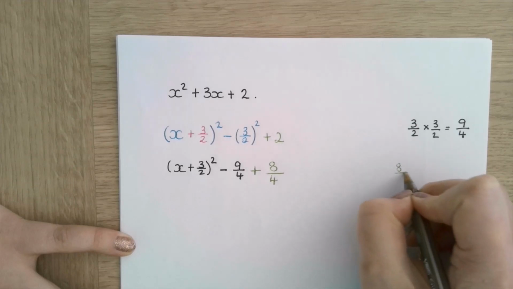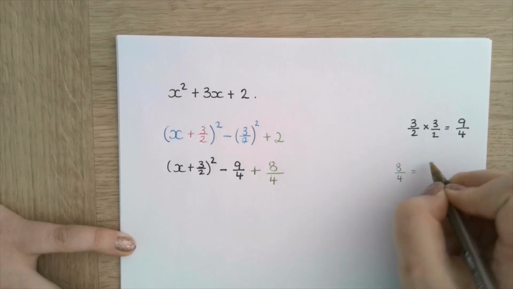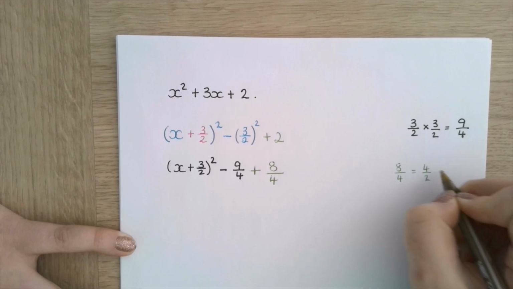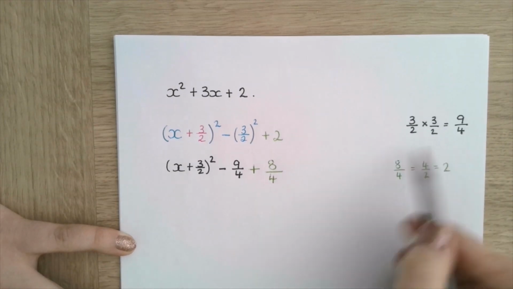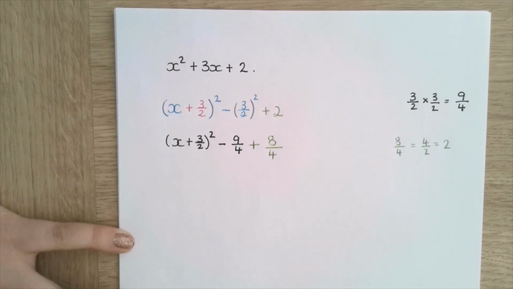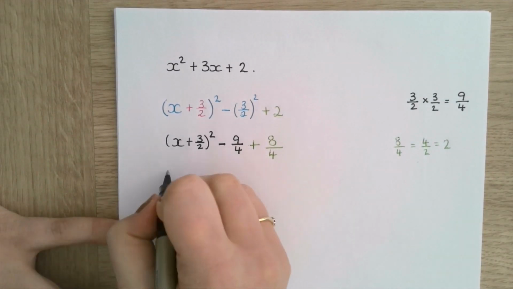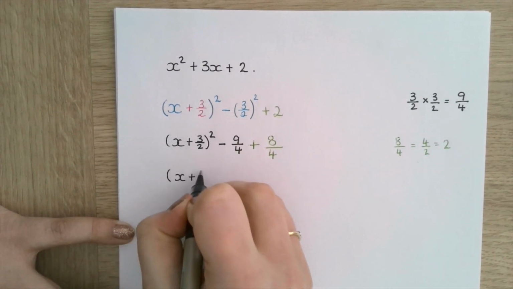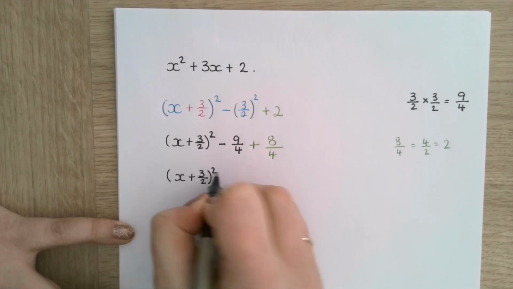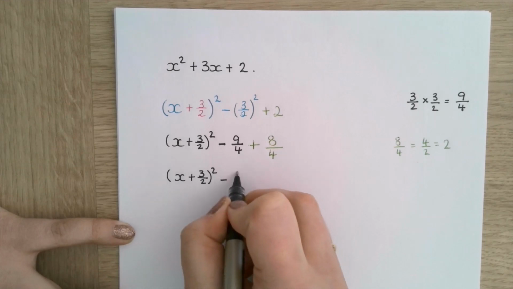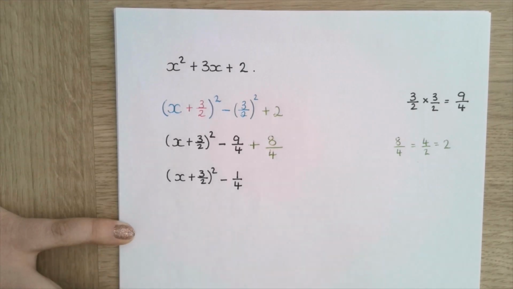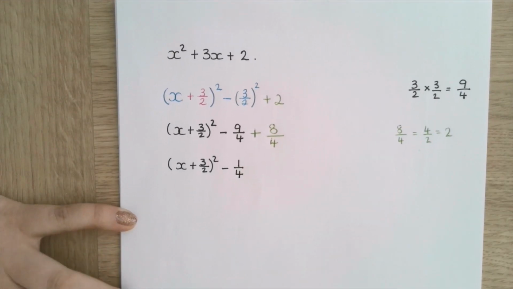I know that 8 over 4 simplifies to 4 over 2, which simplifies to 2. Just again explaining to you on the side how I've got that. And finally, just to simplify this, x plus 3 over 2 all squared minus 9 over 4 plus 8 over 4 leaves me with minus 1 over 4.